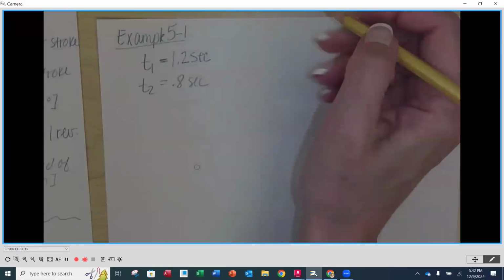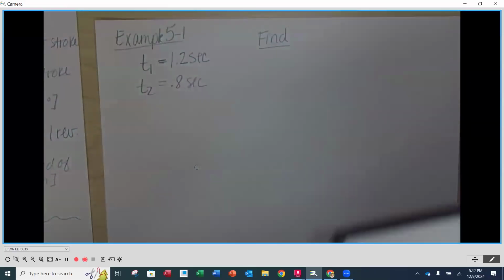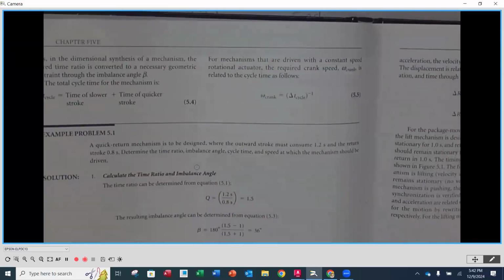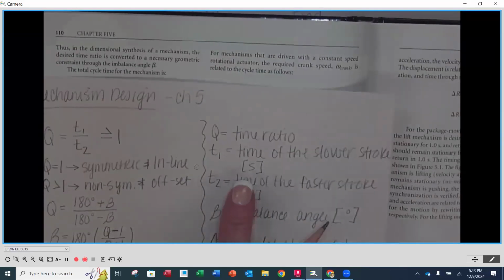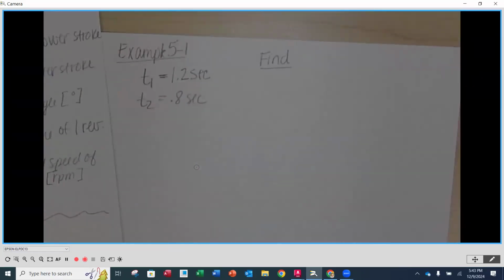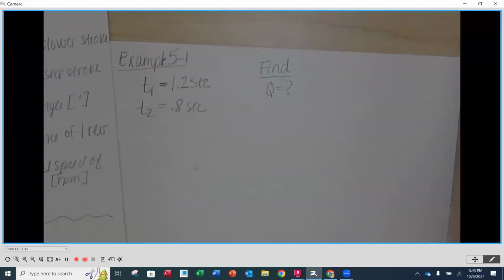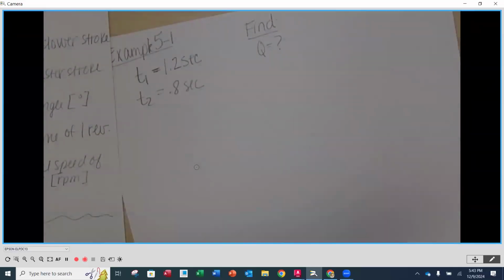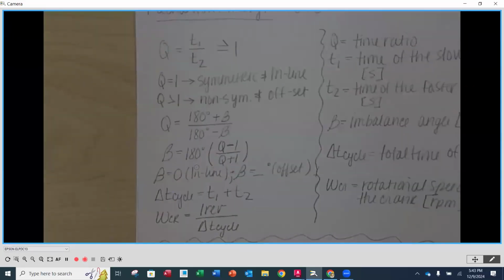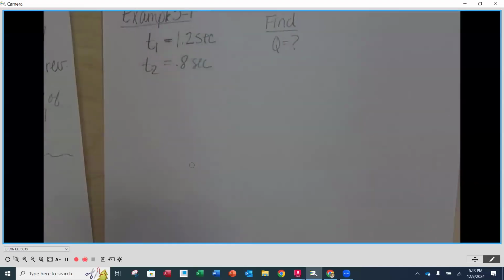And what we're going to need to find is the time ratio. If we go back to our equation sheet, the time ratio is the variable Q. We also need to find the imbalance angle, which is beta.